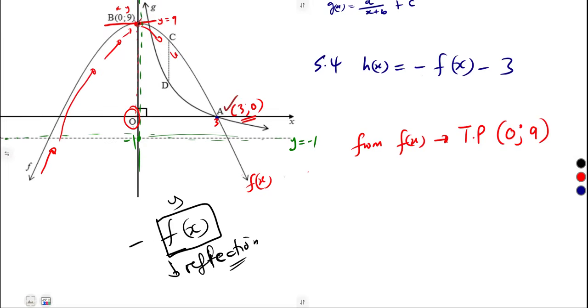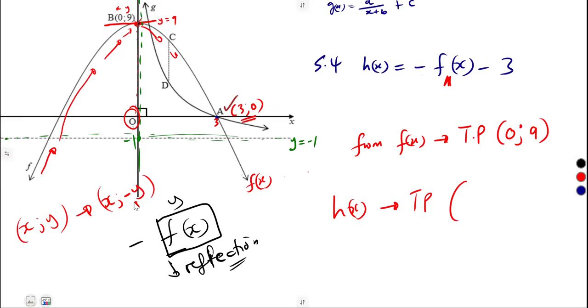So it means on our turning point on h(x), this is what is going to happen. The x value is not affected. Minus f of x, it is the y there. Reflection in the x-axis, meaning to say y values are affected. If you had a condition where it was x, y like this, minus f of x, it simply means it's x, then the y is multiplied by a negative like this.